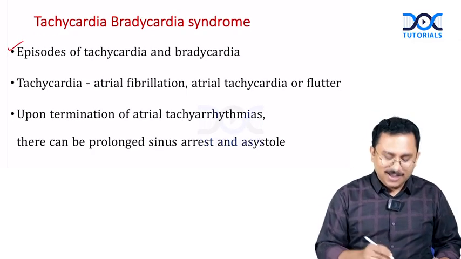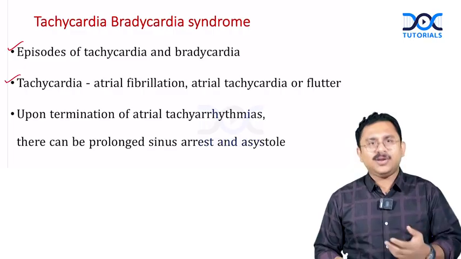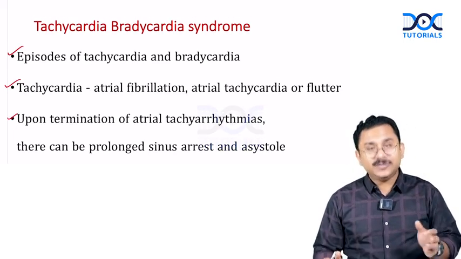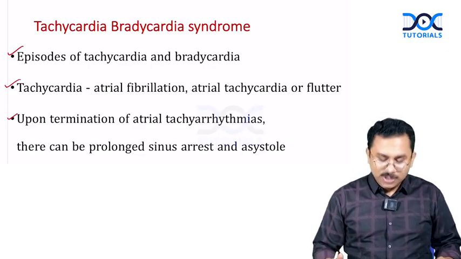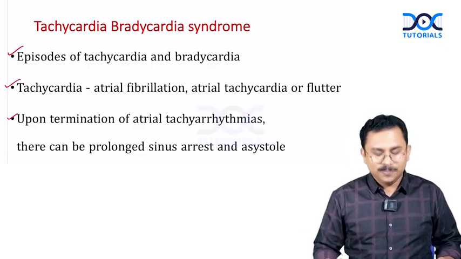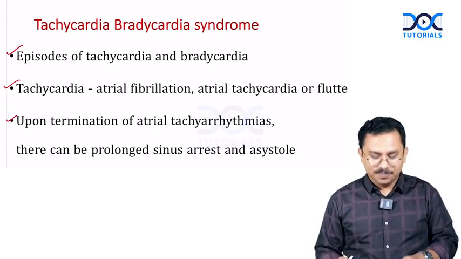This tachycardia can either be atrial fibrillation, atrial flutter, or an atrial tachycardia. And upon termination of these atrial tachyarrhythmias, you can have a period of prolonged sinus arrest or asystole. Okay, this is called tachycardia bradycardia syndrome, right?